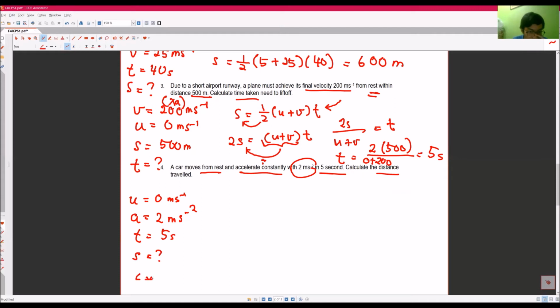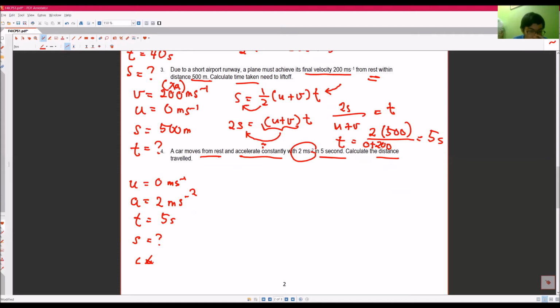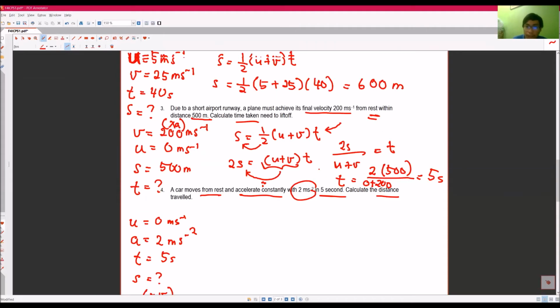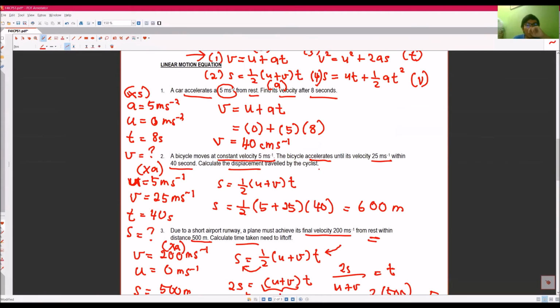This time we don't have the value of the final velocity, no v. So which equation do we have to use? We have to use number 4.